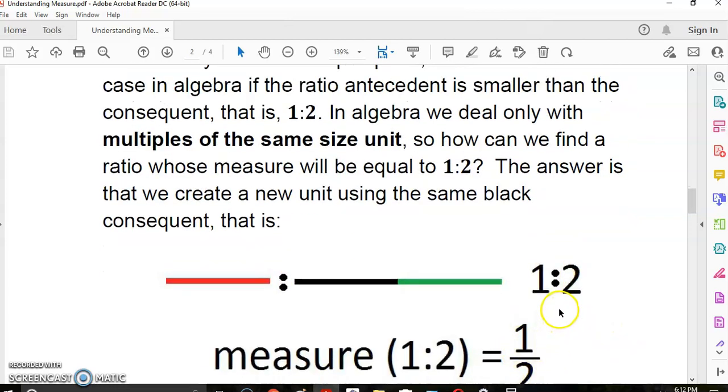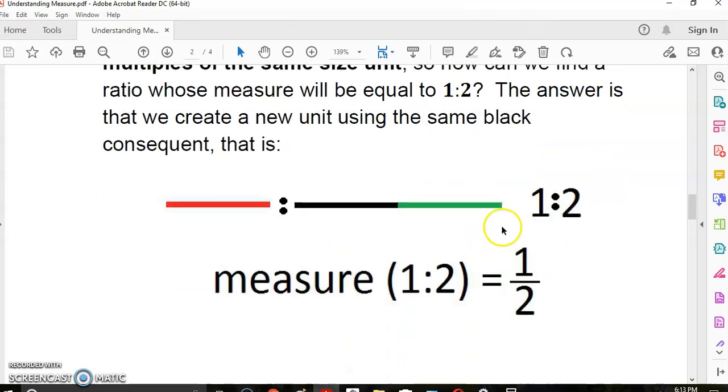And so how do we find a ratio whose measure will be equal to 1 to 2? And the answer is that we create a new unit using the same black consequent. So the new unit is this consequent here. And we specify one of two equal parts just by putting one red line on this side.